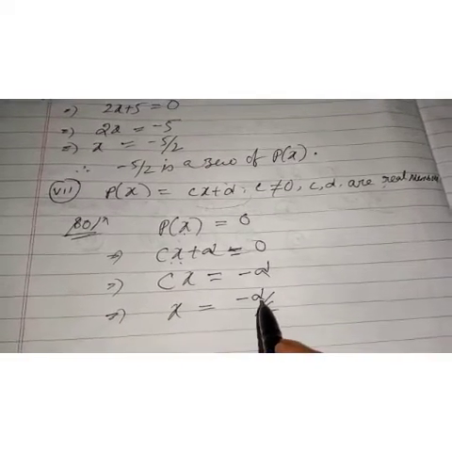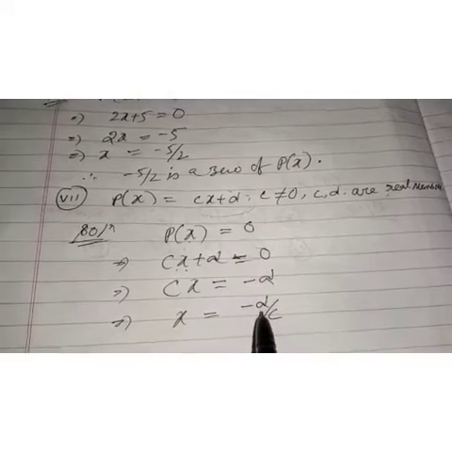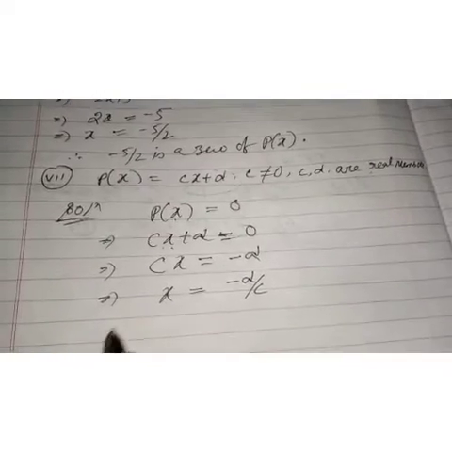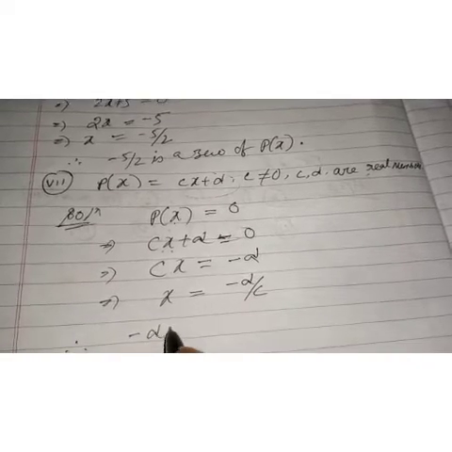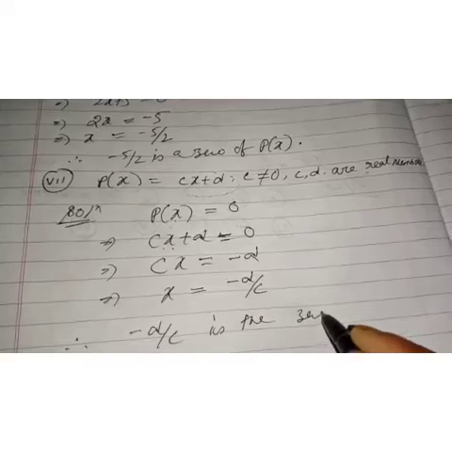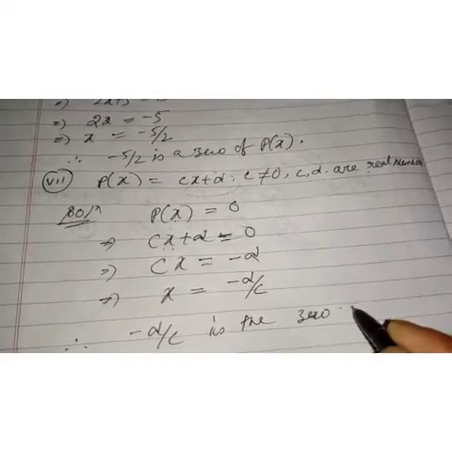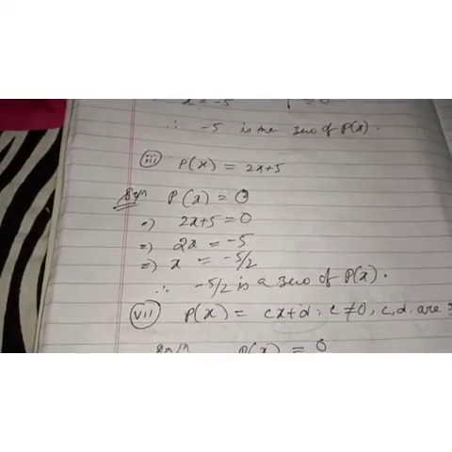So here also minus d by c is the 0 of this polynomial. You can verify it, okay. Therefore minus d by c is the 0 of p(x). Clear?